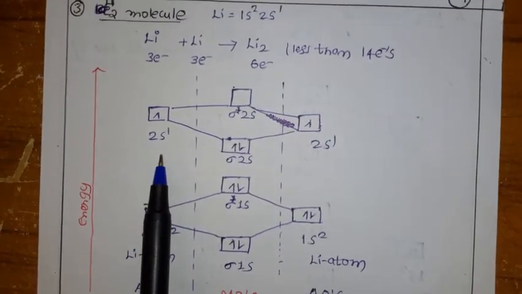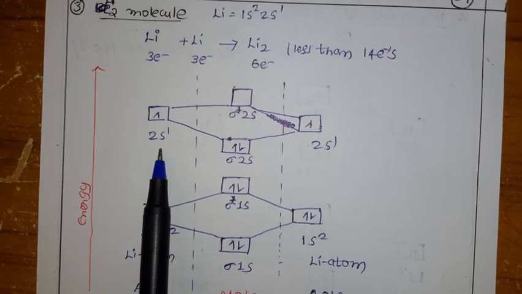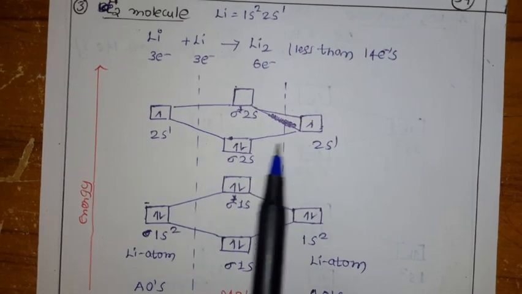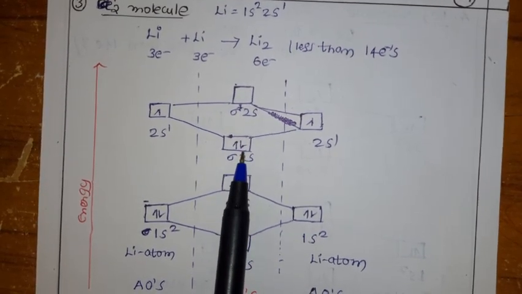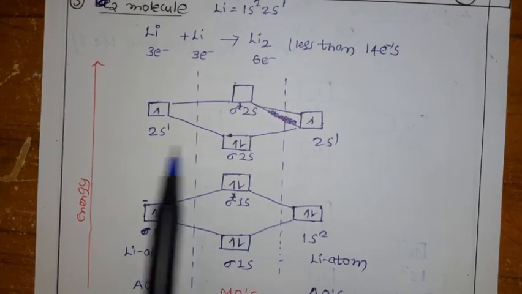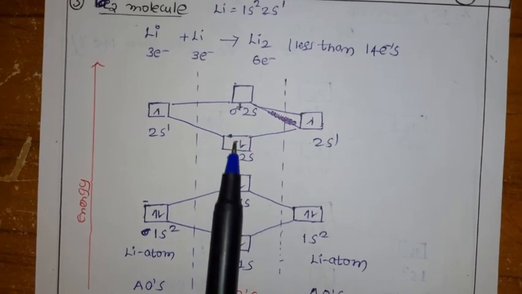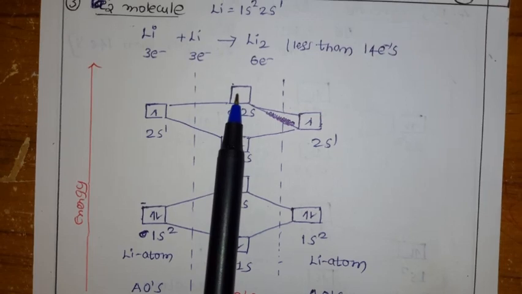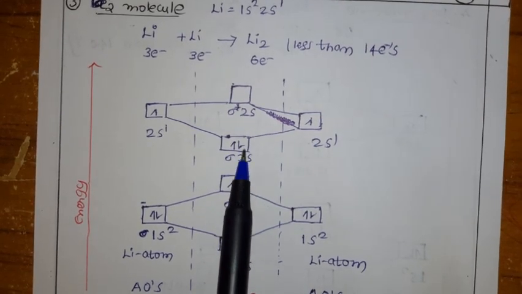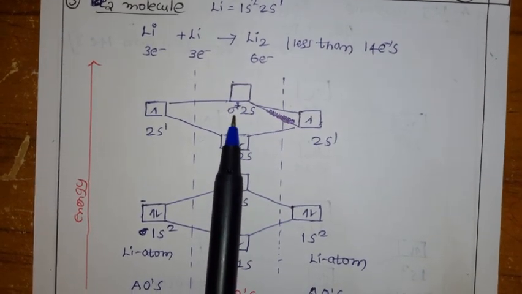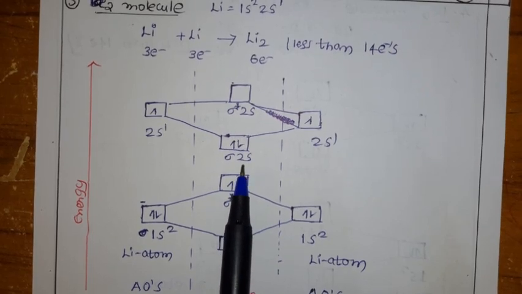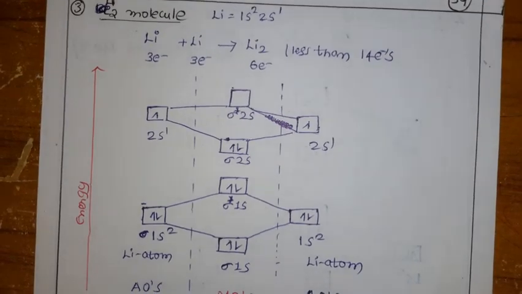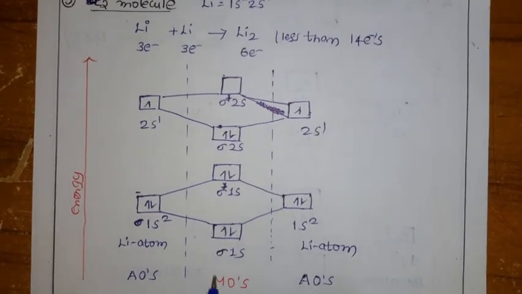The 2s atomic orbital of one lithium and the 2s atomic orbital of another lithium give rise to a total of 2 molecular orbitals. One is bonding and the other is antibonding. Every time, bonding should have less energy and antibonding should have more energy. You differentiate bonding and antibonding with the star. Sigma 2s is bonding, sigma star 2s is antibonding.